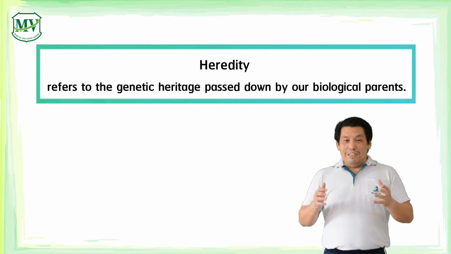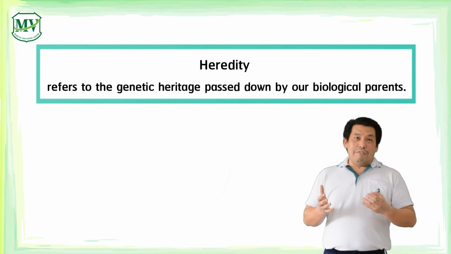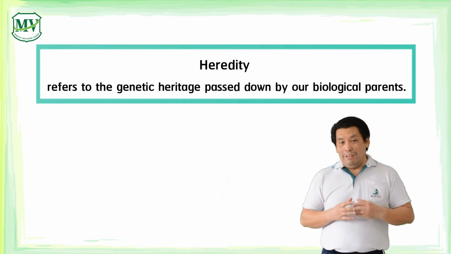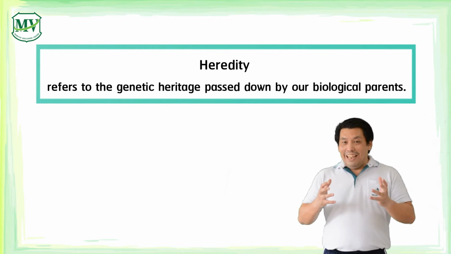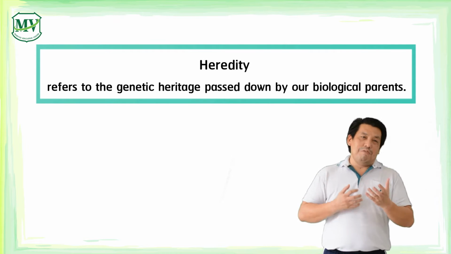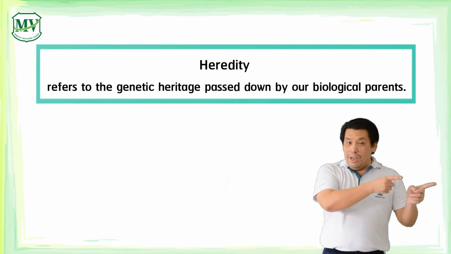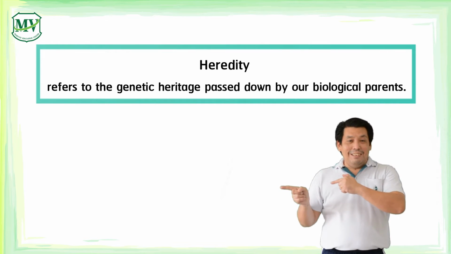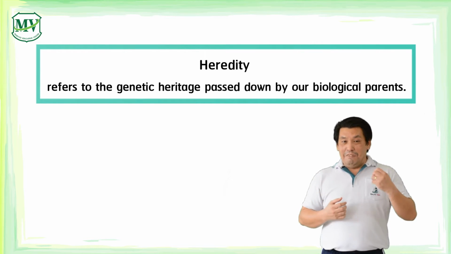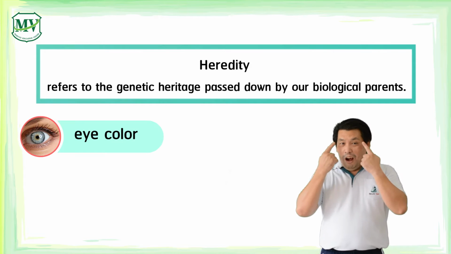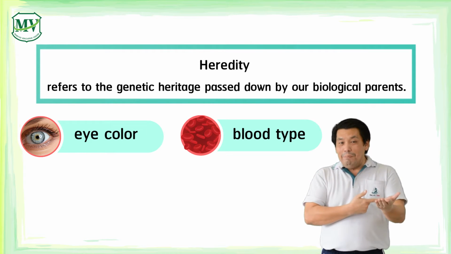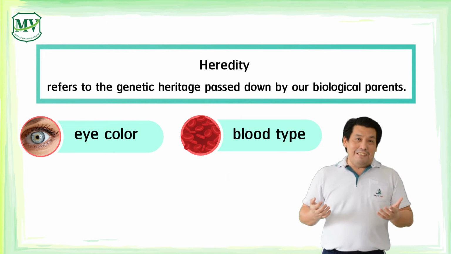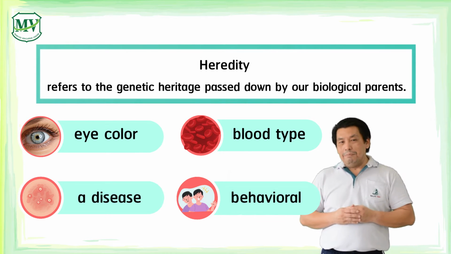Heredity refers to the genetic heritage passed down from our biological parents. It's why we look like them. More specifically, it is the transmission of traits from one generation to the next. These traits can either be physical, such as eye color, blood type, or even a disease or a behavior.